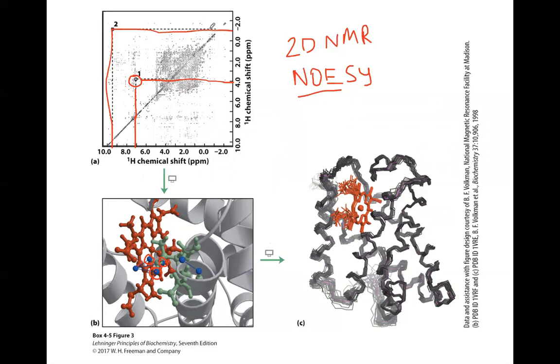Which line? The diagonal one, going up to the right? The diagonal is basically from 10 to 0. What does it mean if points fall on that line, compared to the ones like point 1 and 2 where they're significantly off of the line?